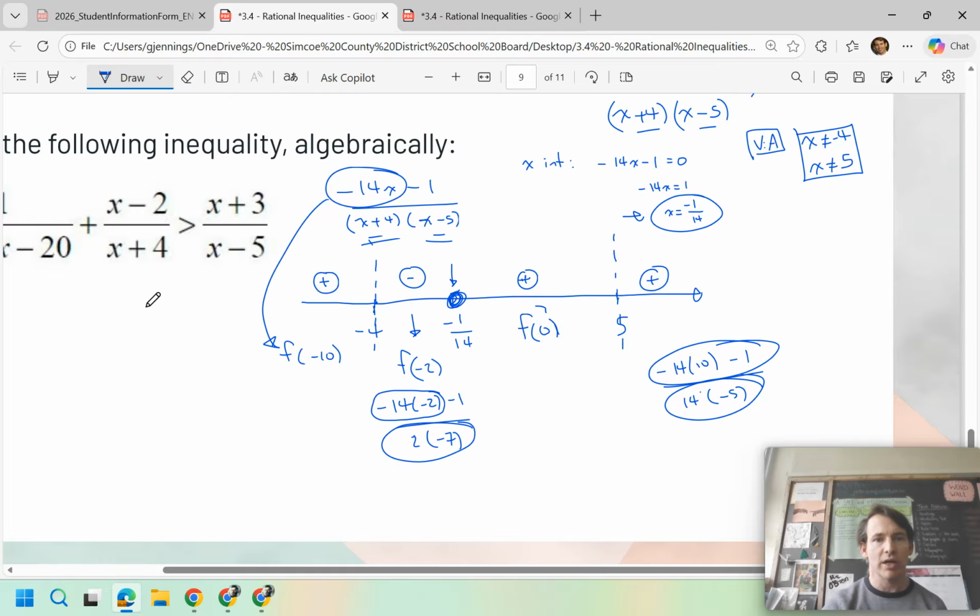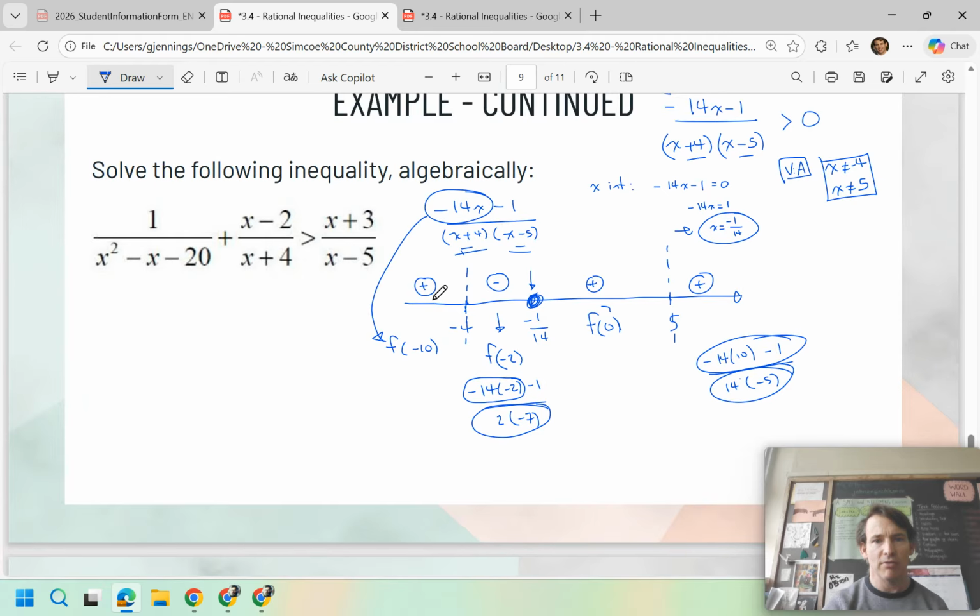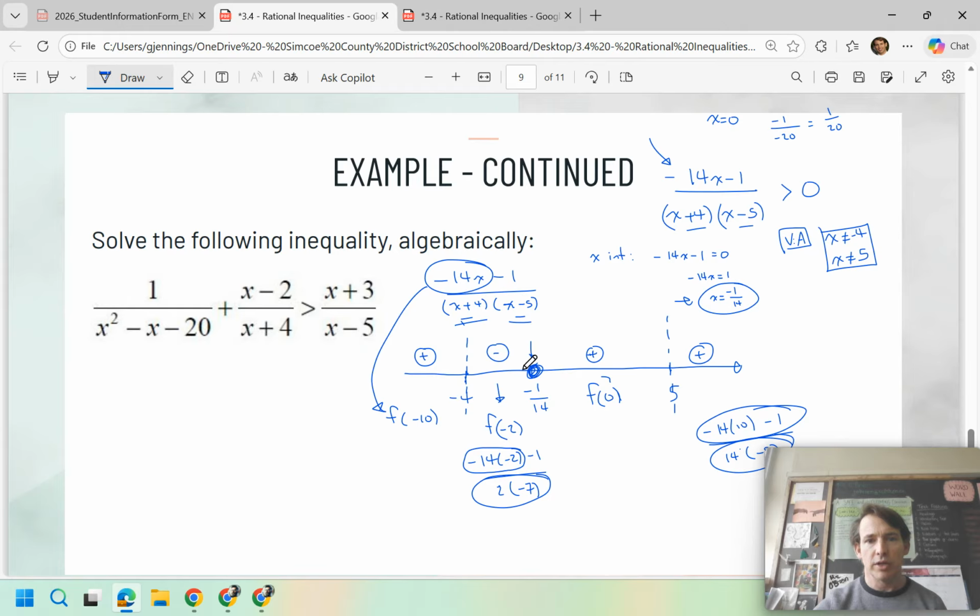So when is this thing greater than 0? So at this one it is precisely 0. So then we can say that negative 14x minus 1 over x plus 4 times x minus 5 is greater than 0 for the intervals negative infinity to minus 4, not inclusive because that's one of our vertical asymptotes.